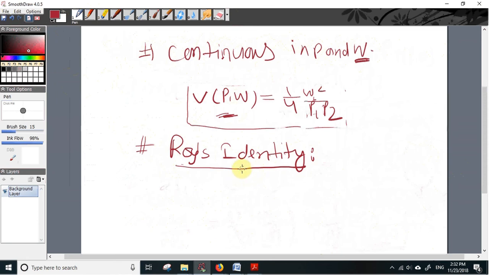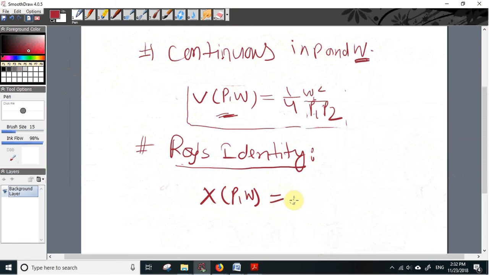Roy's identity tells us that we can derive the demand functions x(p,w) from the indirect utility function by simply taking a ratio of partial derivatives.